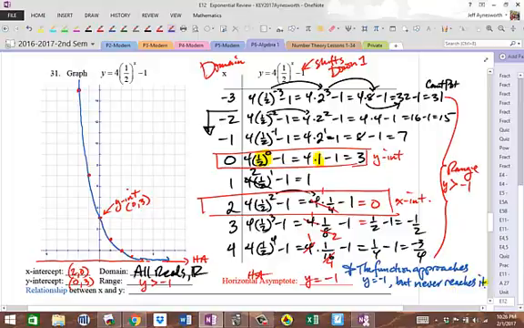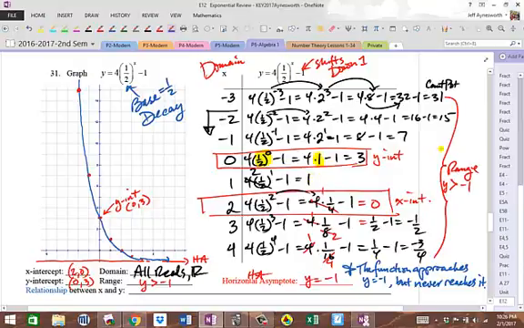Now, in decay functions, this is decay. The base is 1/2, and so this is the decay function. You'll notice that as x increases from 0, 1, 2, 3, 4, the y values decrease from 31 to 15 to 7 to 3 to 1 to 0. It's pretty obvious.